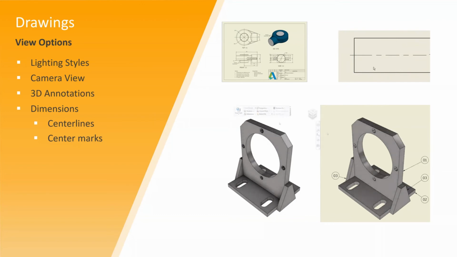And as you can see there, we've got options for being able to visualize those lighting styles within a 2D drawing now. So if you've got a particular item that shows you the view in a slightly better light, if you can imagine, we can certainly do that by working with that as well.